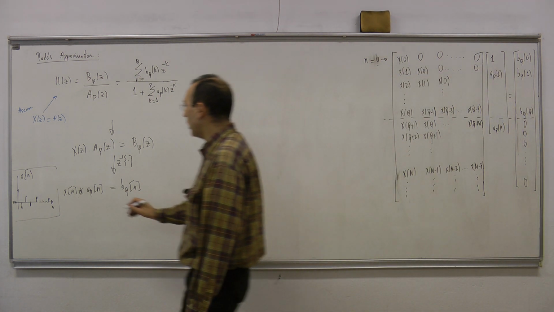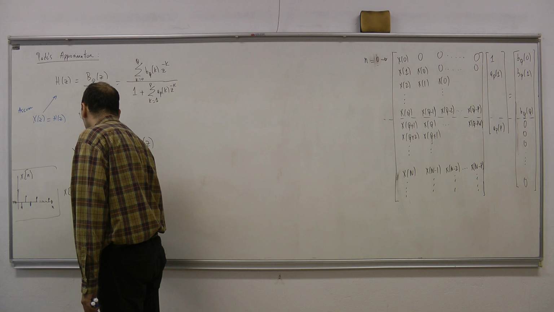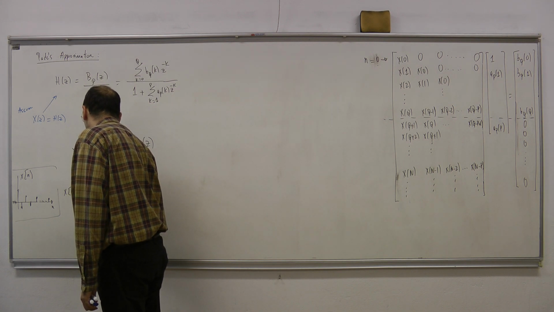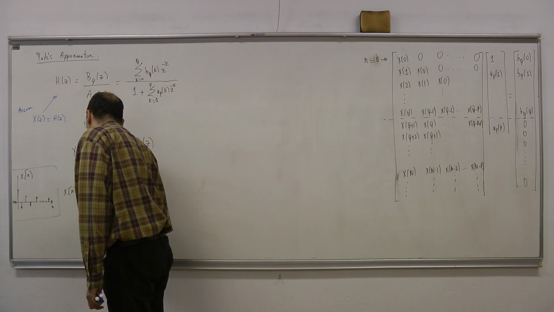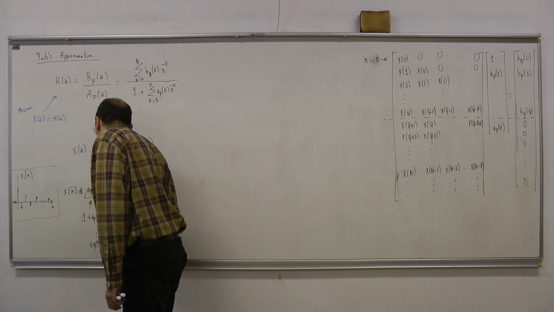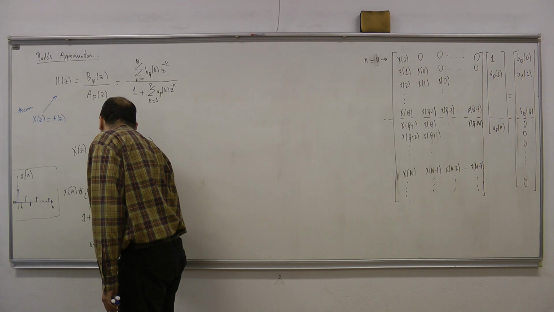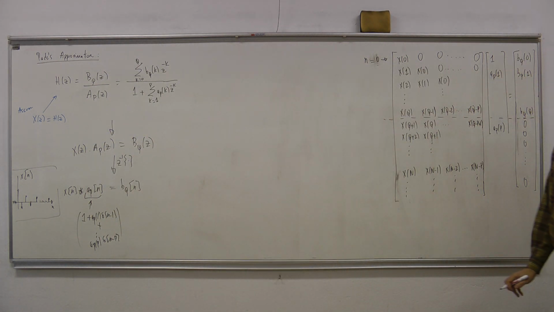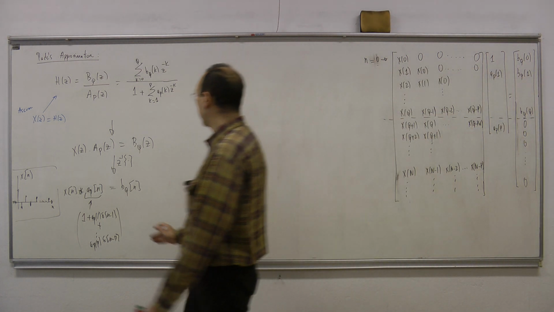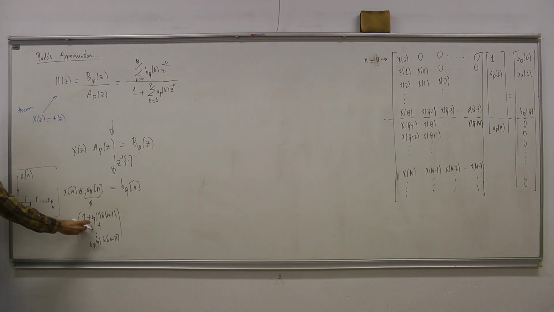Well, you have x of n convolved with, this is nothing but 1, AP of 1 delta n minus 1, AP of p delta n minus p, and so on. Let's forget about the right-hand side. So I'm calculating the convolution of x of n with this. Okay.